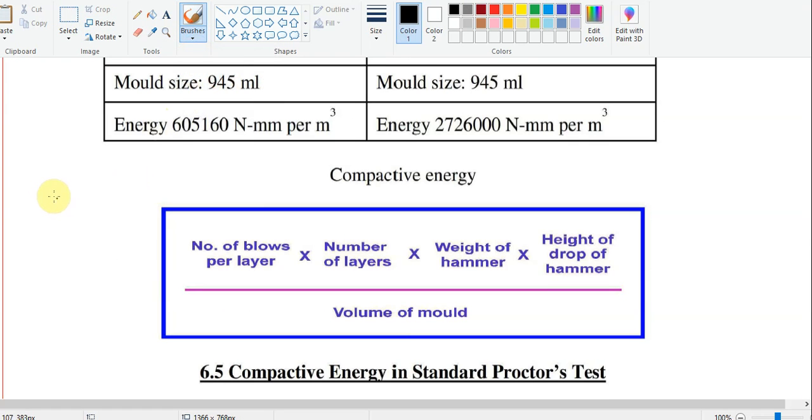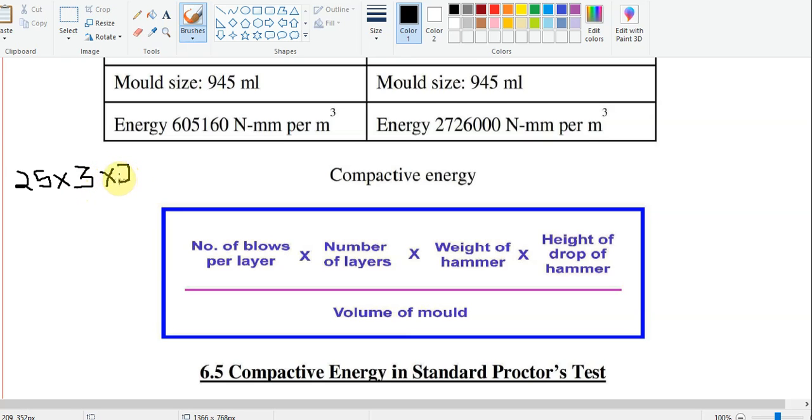Number of blows for standard compaction test is 25, and number of layers for standard compaction test is 3. Weight of hammer is 25 Newton.